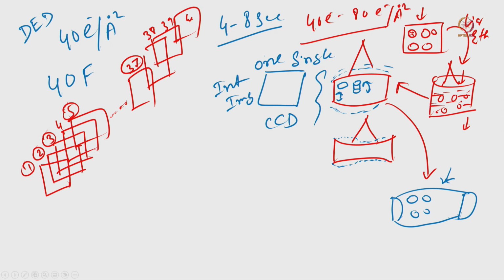So, I have a total of 40 frames here. If we divide 40 electrons by 40 frames, we consider 1 electron per frame.